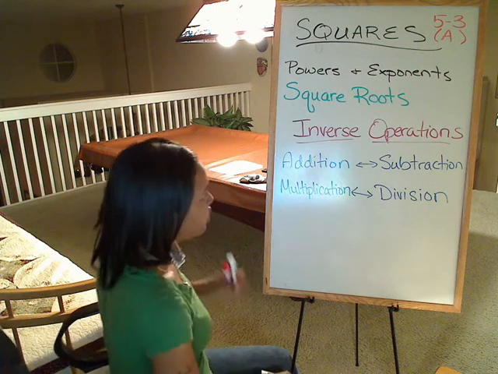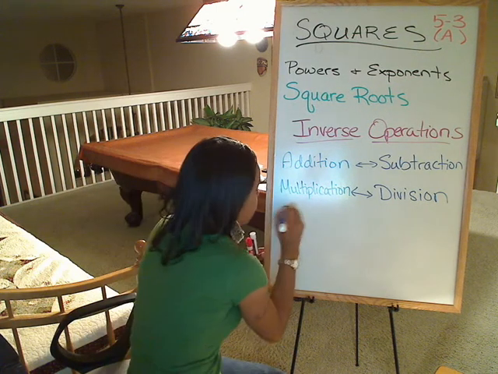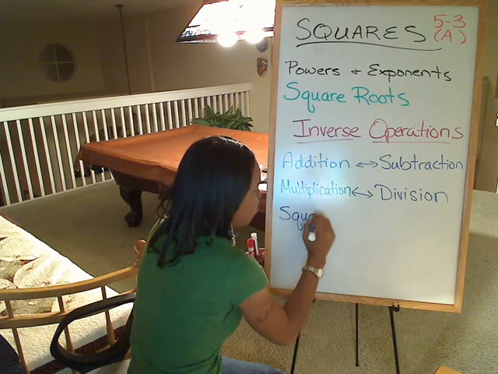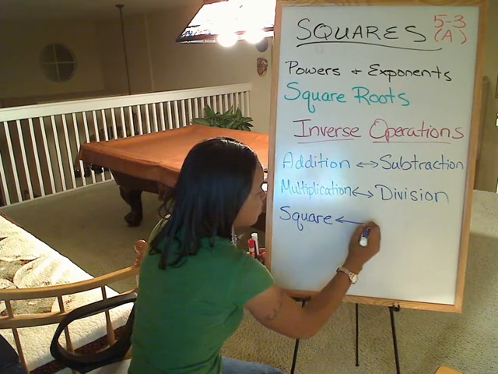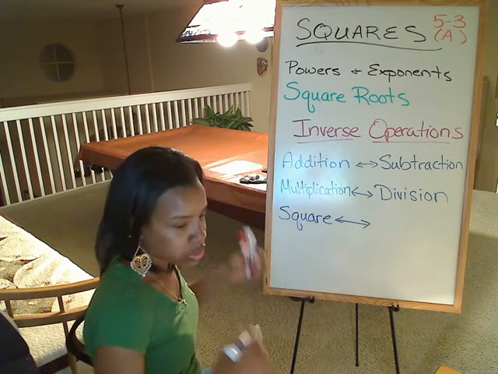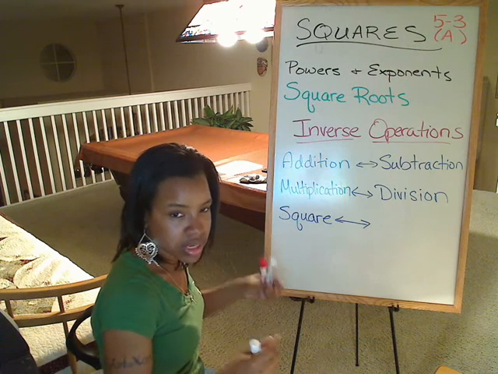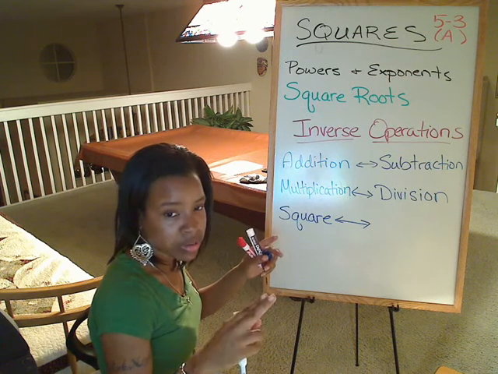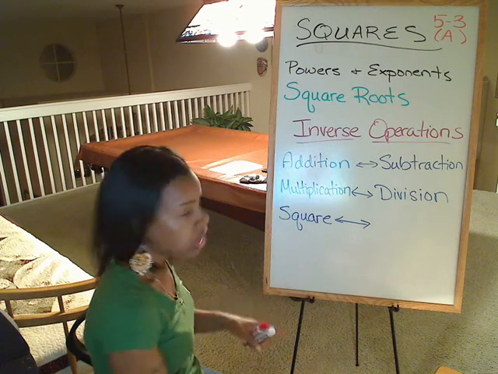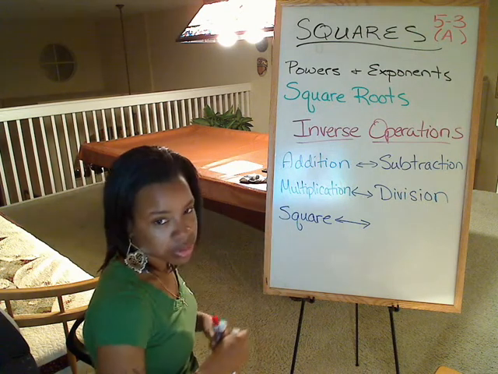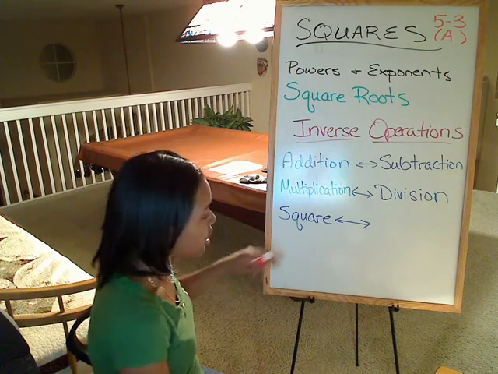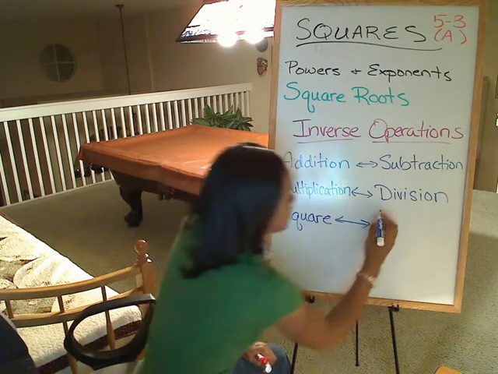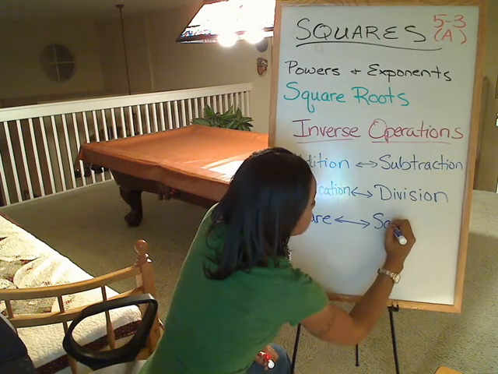If you have a square, and we know what a square is, right? A square is when you take a base and raise it to the second power. Anytime the exponent is 2, you're squaring that number. Okay, so that's the operation. The inverse of squaring is taking the square root.